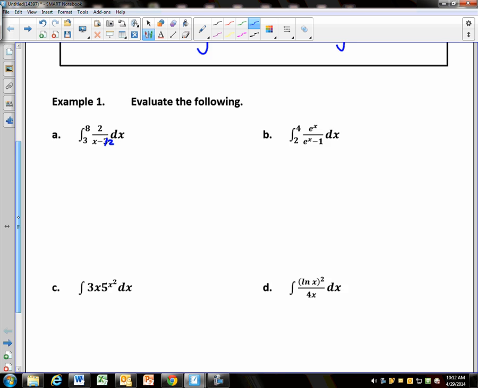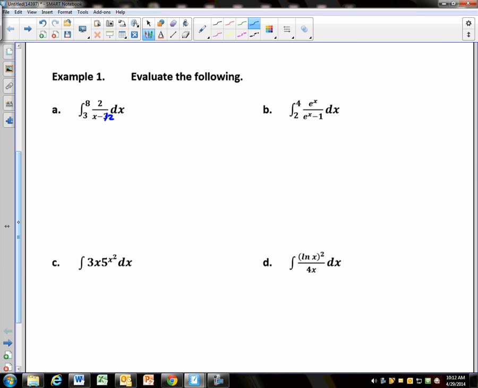So watch my substitution here, okay? I'm going to make a substitution. U is equal to x minus 2. So du is equal to, what's the derivative of x minus 2? 1. So just dx.